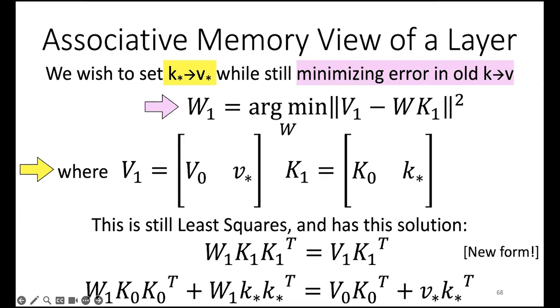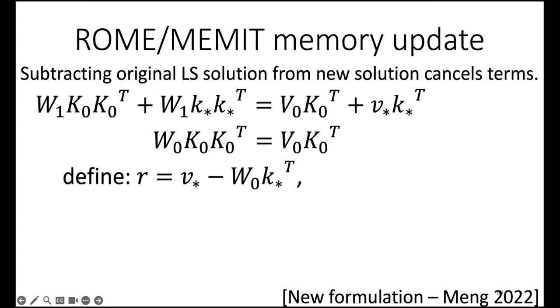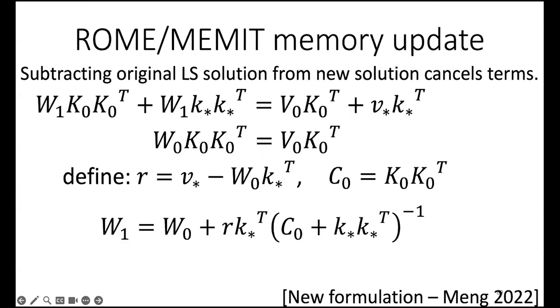And that's something that we do. Without any gradient descent on this matrix at all, you can just patch it to make it map from K star to V star, for any new V and K that you might choose. I'm going to skip through the math here because there's not enough time, but it's just algebra. Instead of doing gradient descent, you can edit a network directly to change an association between vectors.